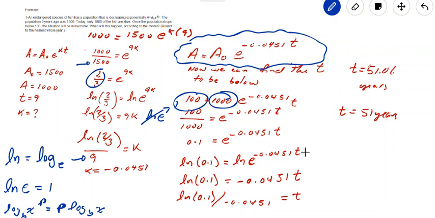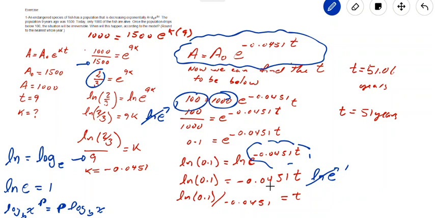Of course, we bring this exponent as a factor, so we get the natural logarithm of 0.1 equals negative 0.0451t times the natural logarithm of e. This is 1, which we know.